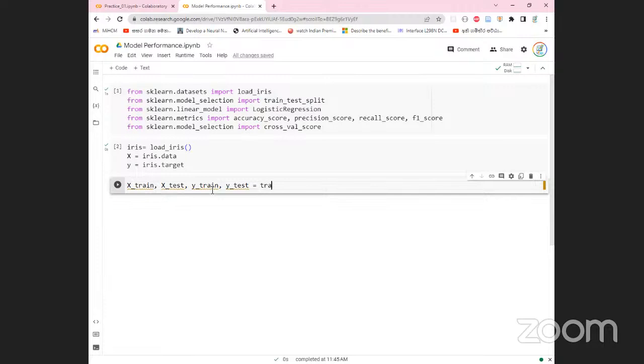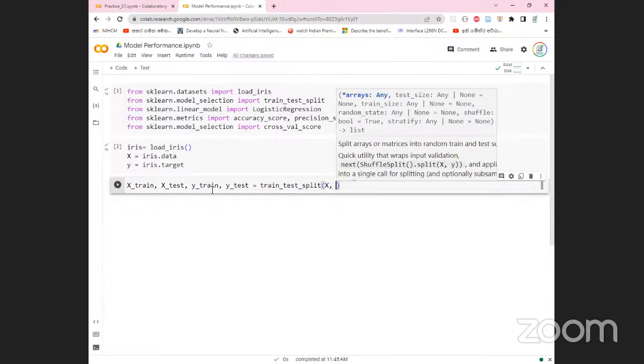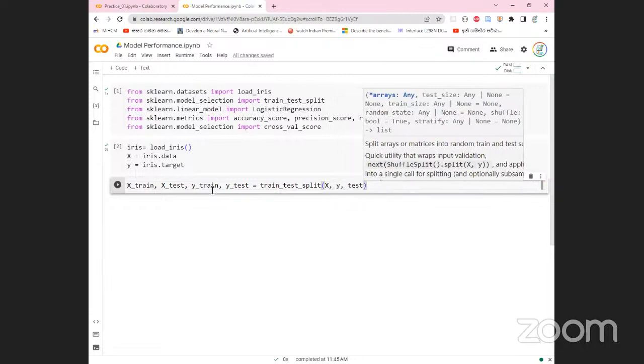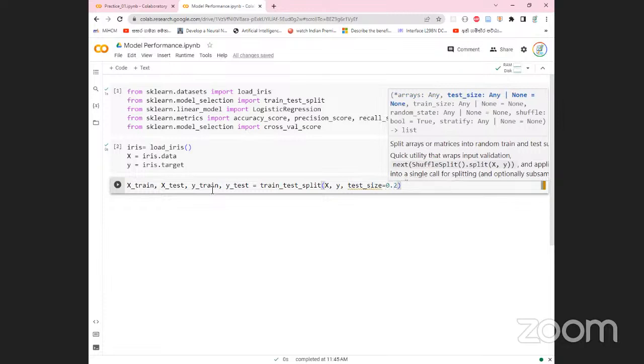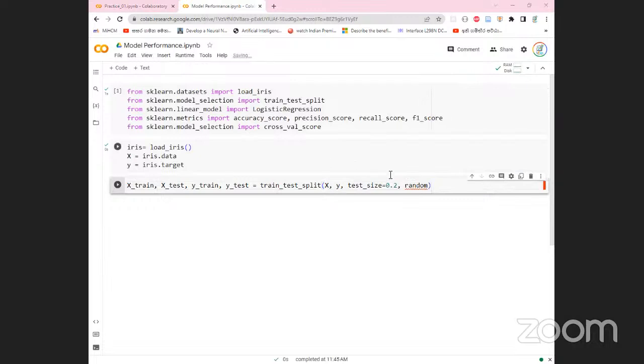We use train test split, give the X value and the Y value, test size 0.2, and random state equal 42.